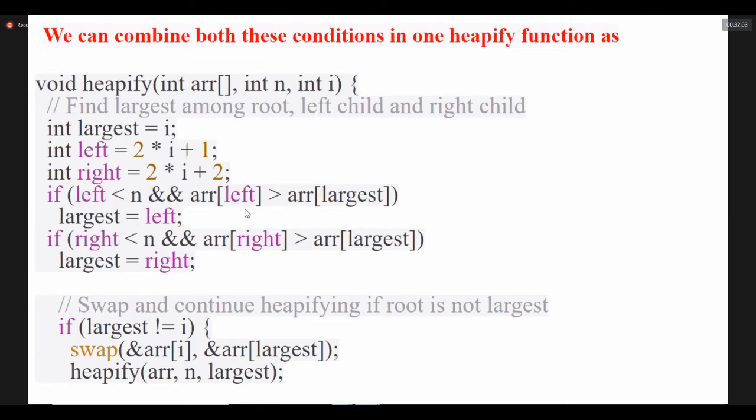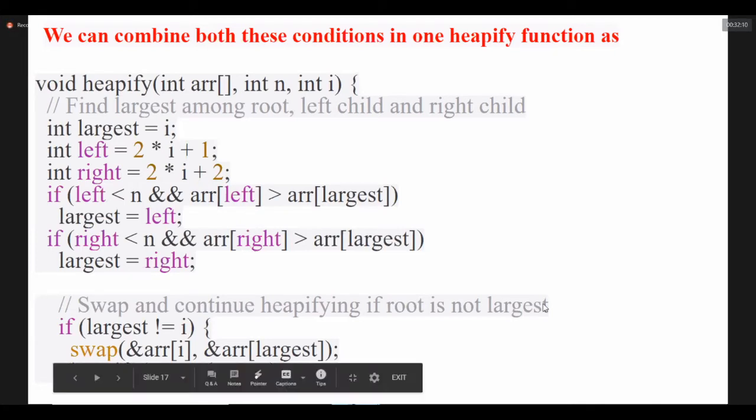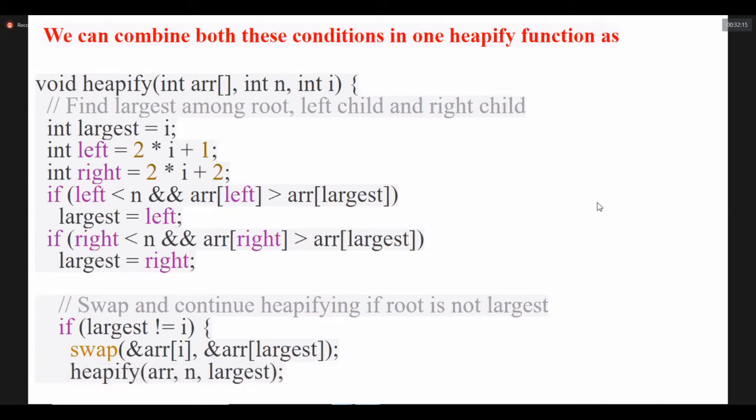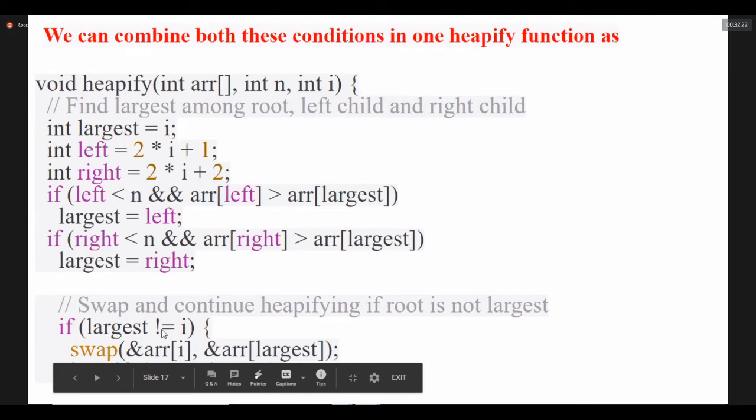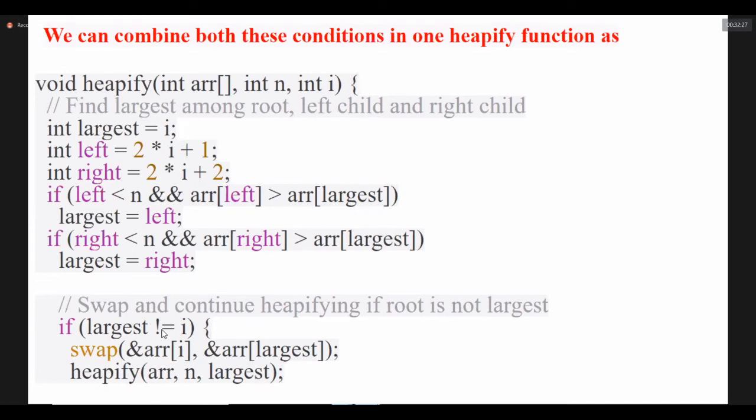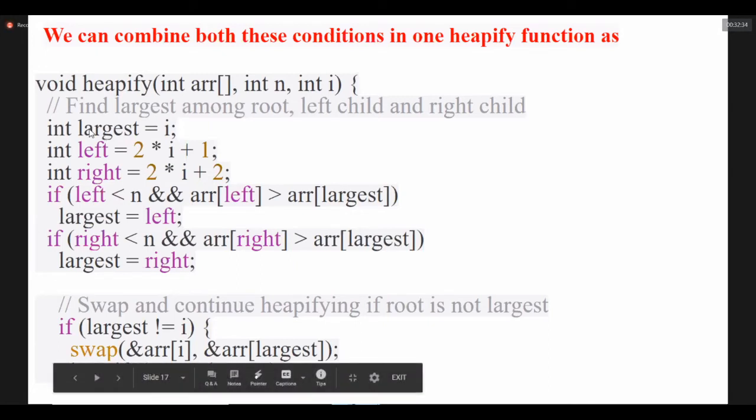The second condition is to find out whether the left is the largest or the right is the largest. Here, the third one is: initially we assign I to the largest.